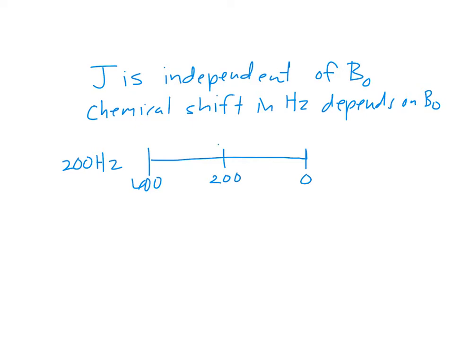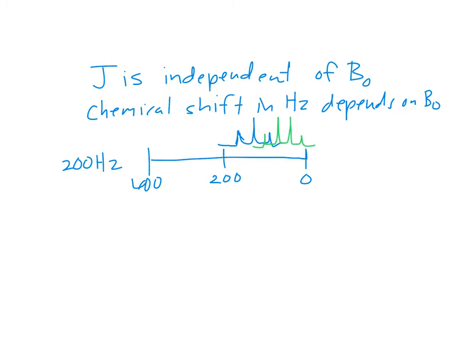Let's say we have a 200 megahertz. What's going on here? We have a triplet like this, and we have another quartet that's overlapping it. Okay, we have two that are overlapping.